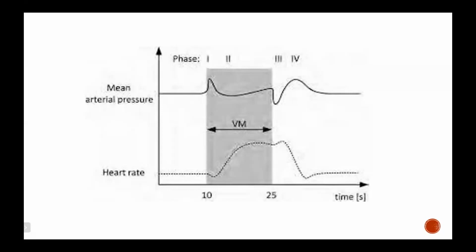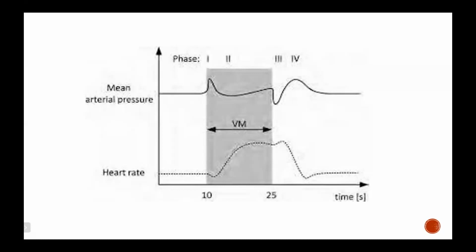Then coming to phase 3. In phase 3, what happens is the phase of release. You tell the patient to stop exhaling. When that happens, there will be a sudden decrease in the intrathoracic pressure. All the pressure that was built up will suddenly fall, and hence the venous return will increase. This increased venous return will go, and all the blood will pool in the pulmonary vasculature.